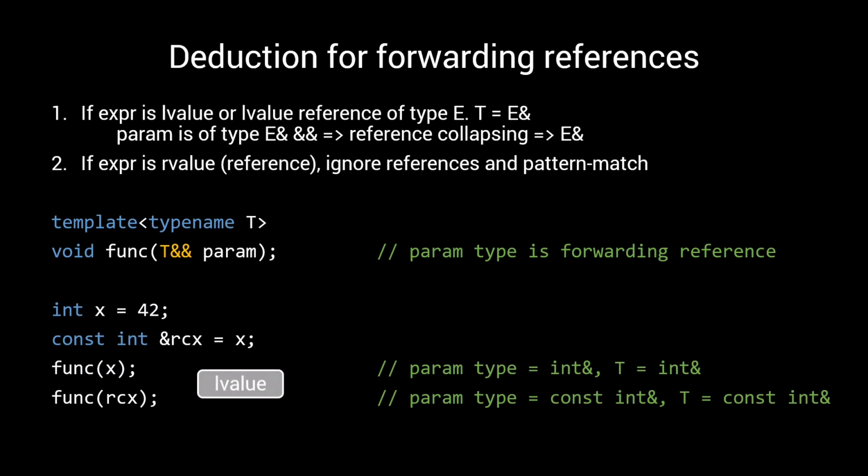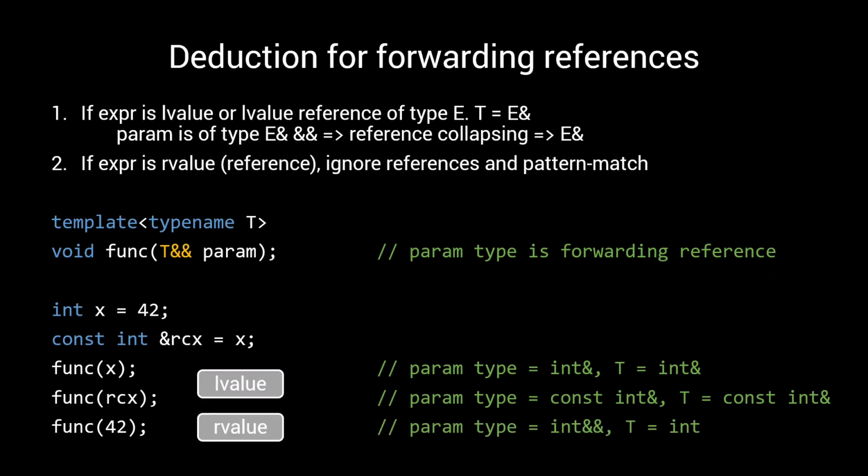In this case, both the parameter type and t will be lvalue references to either int or const int. When on the other end we pass an rvalue, such as this 42, then the parameter type is an rvalue reference to int, but our t itself, that is just an integer. It's something important to keep in mind while dealing with forwarding references.